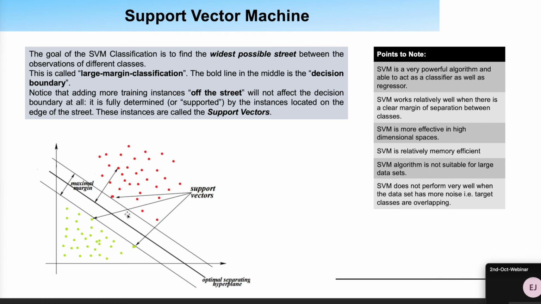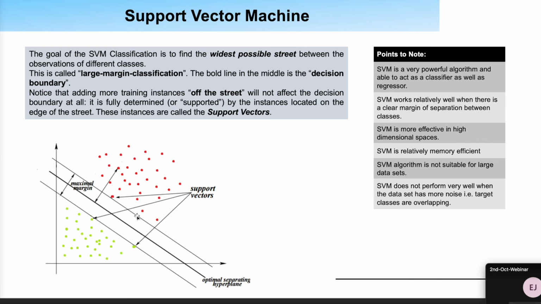What is the intent? The intent is to create the widest possible street between the 2 classes. So whichever direction it can create the widest possible street using an algorithm, it will create that widest possible street.